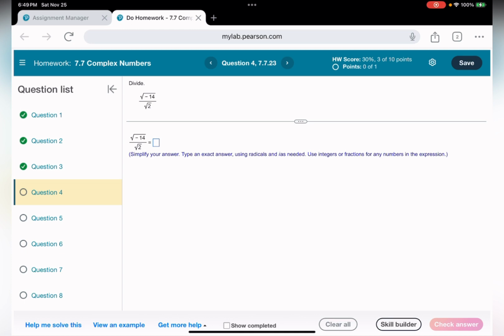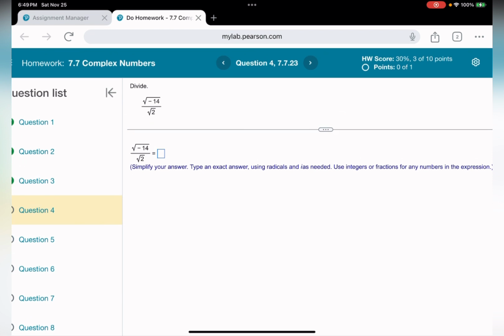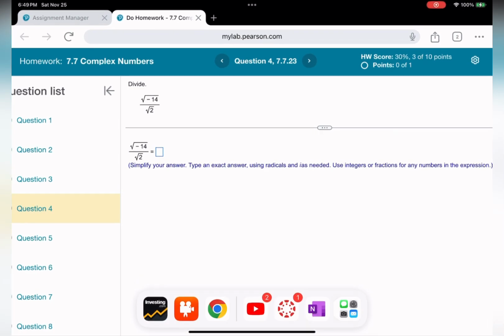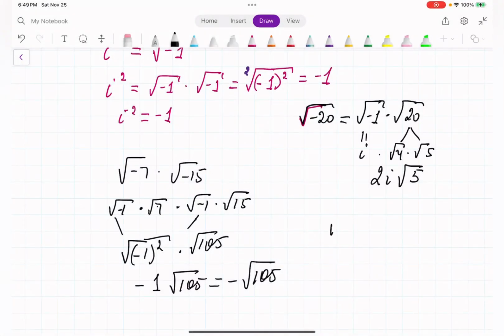Next one. Okay, square root of negative 14 divided by square root of negative 2. Square root 2. We need to rationalize, remember?